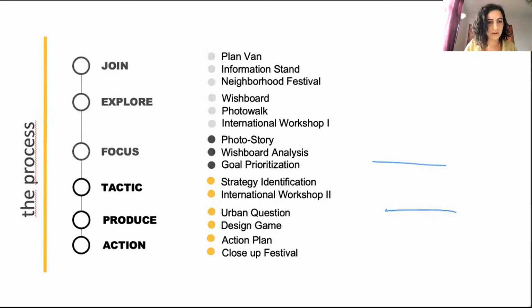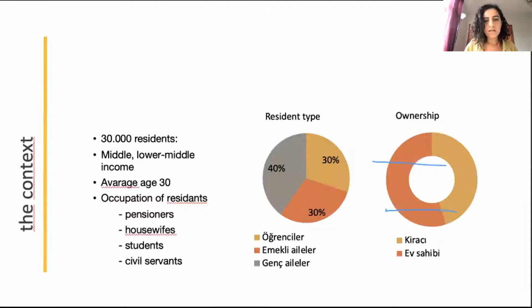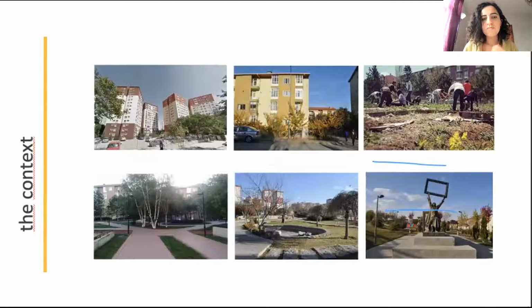So very quickly, this neighborhood has 30,000 residents, most of which are middle and lower middle income people, some students and pensioners, housewives, civil servants, workers. And this is how the neighborhood looks.